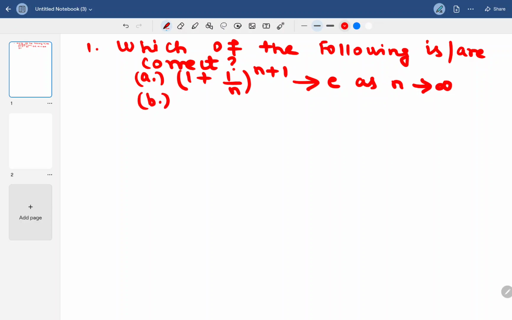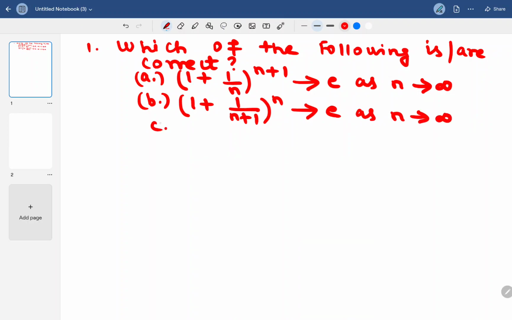Option B: (1 plus 1 by (n plus 1)) power n tends to e as n tends to infinity. Option C: (1 plus 1 by n) power n tends to e as n tends to infinity.